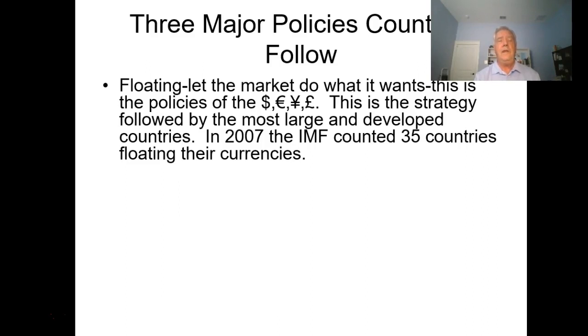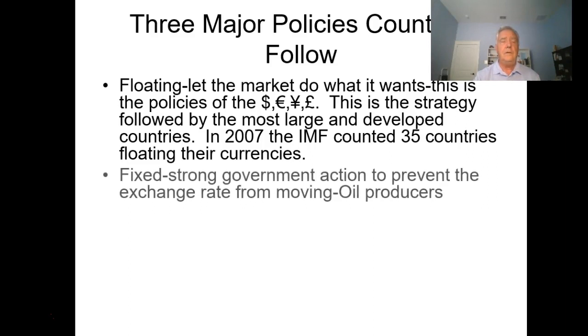In the case of some countries, though, that's not the case. For instance, China. Let's look at how they do it. Well, first, we've got a floating rate, where the countries let their currency float. Whatever it trades at the world market price, that's what it is, vis-a-vis other countries. And as the IMF has said, 35 countries float their currencies.